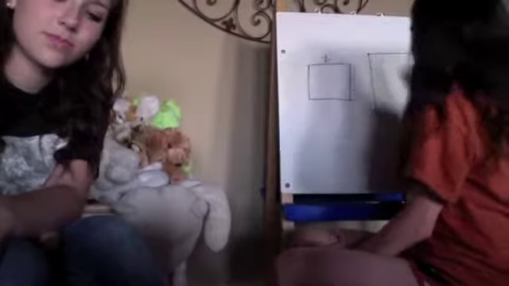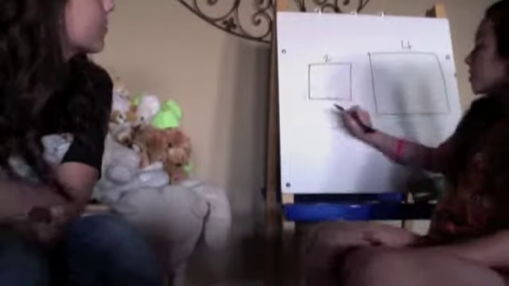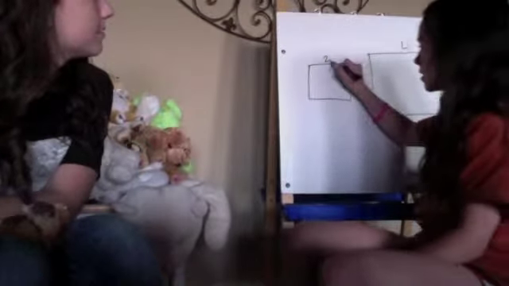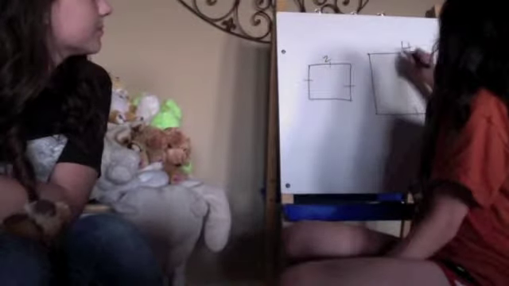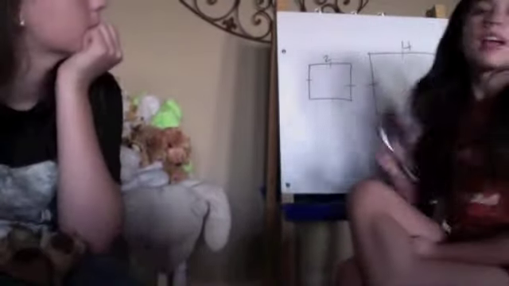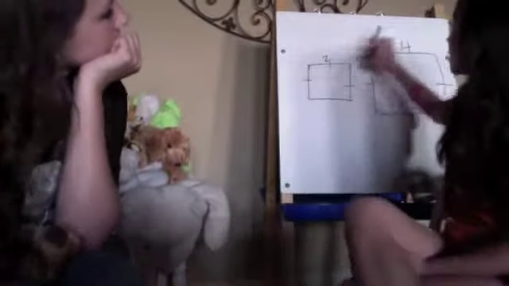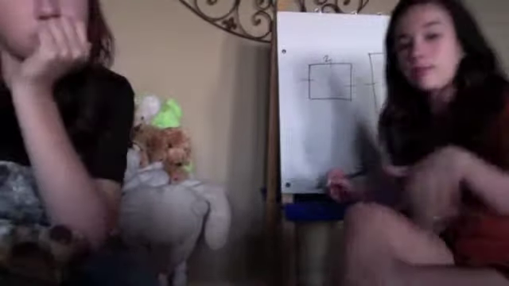Exactly. So, the area, so this is a square, so all the side lengths are the same. Now, the side length ratio is 2 to 4, like we already went over, because it is P, which is just the 1.